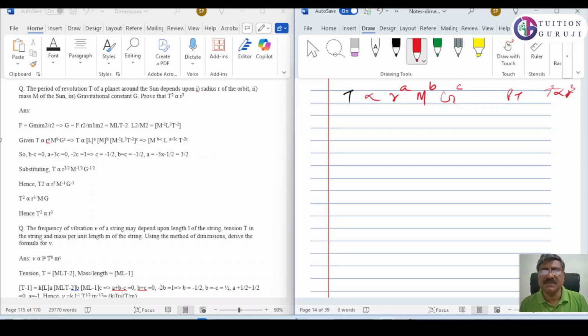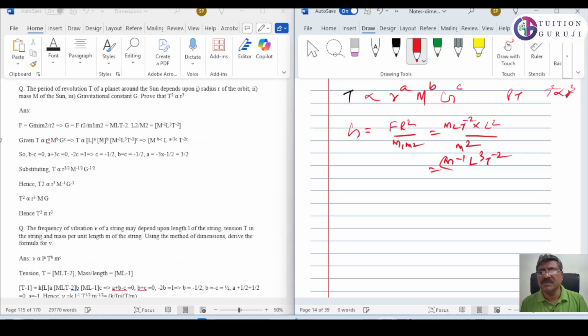And r is the radius and m is the mass. Then g is equal to F r squared by m1 m2. So M L T raised to minus 2 into L square divided by M square is M raised to minus 1 L cube T raised to minus 2.